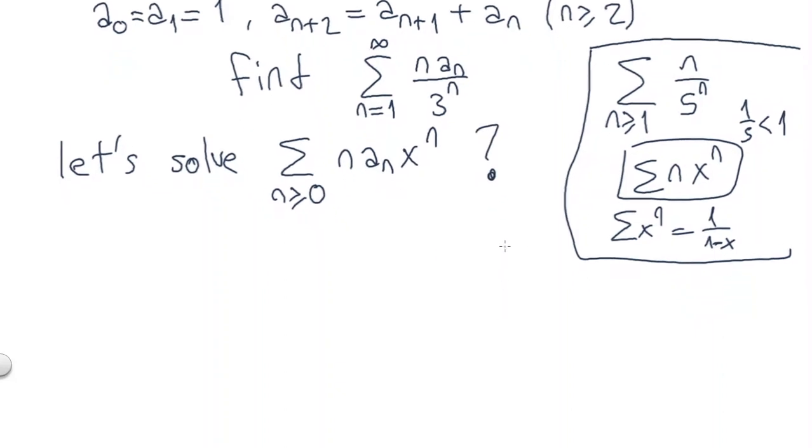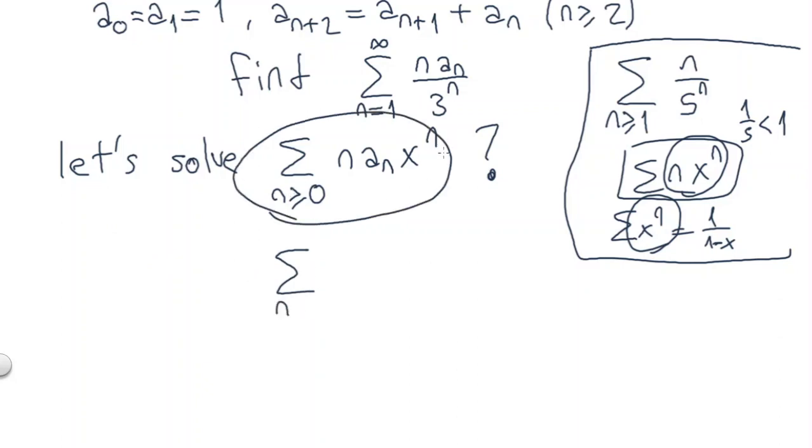And so again, similarly, if I want n x to the n, it's enough if I just find the sum of a_n x to the n and differentiate and multiply by x. So this is our initial goal, this is our final goal, and then we will just put x equal to 1 over 3.